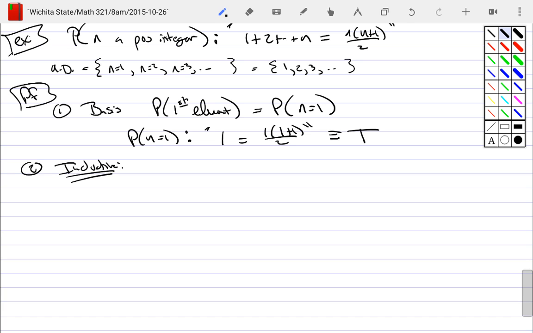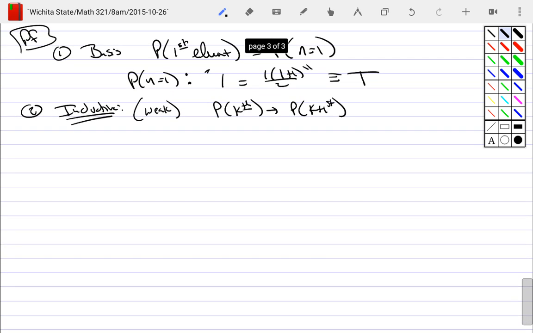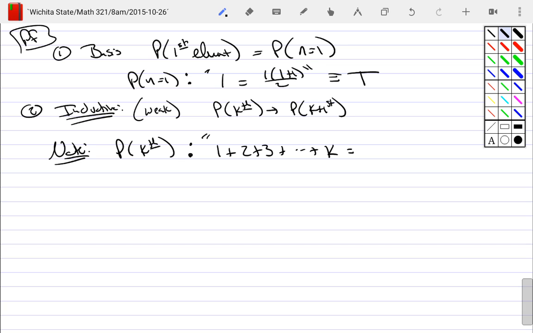Okay, what about the inductive step? I'm going to use weak induction, which would be P of k needs to imply P of k plus 1. What does P of k look like? 1 plus 2 plus up to k equals k times k plus 1 over 2.